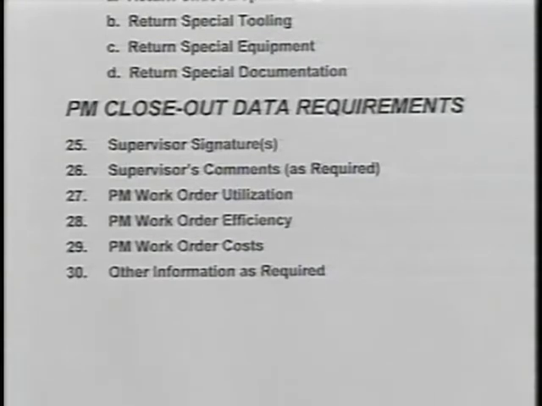We would want to develop the utilization against the work order for that individual craft, or maybe it was a group. We want to develop the efficiency. We also want to establish the cost of the work order and any other information that is required.